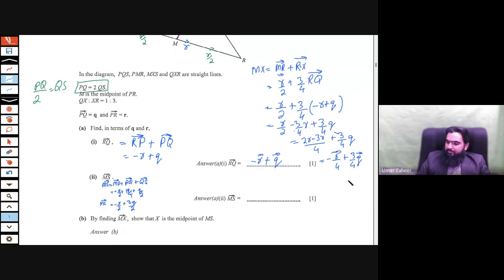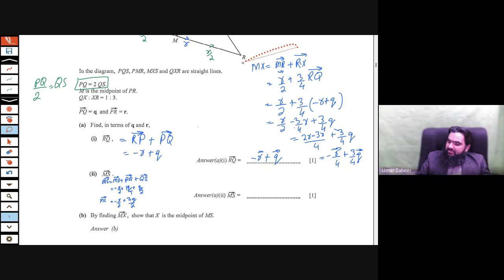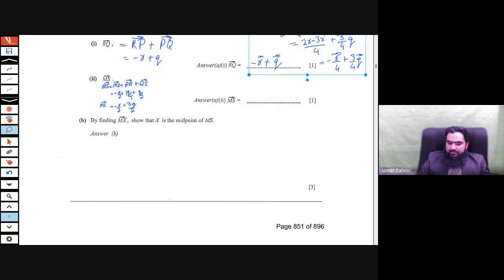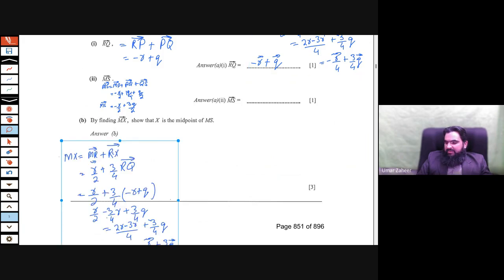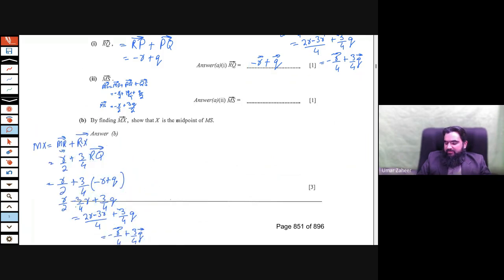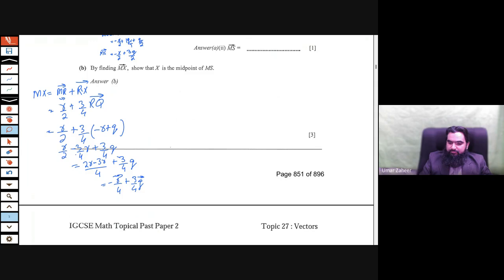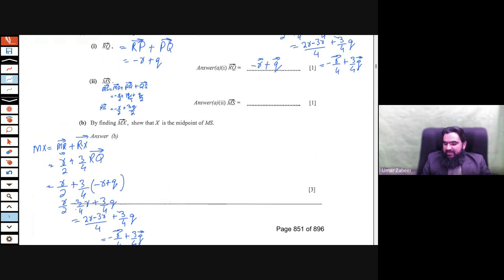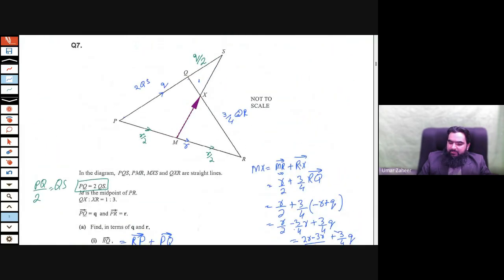All right, so we have done the first thing. He says that first of all, find the MX. By finding the MX, you have to show that X is the midpoint. Now look here. If X is the midpoint, then MX will be equal to the half of MS, right?